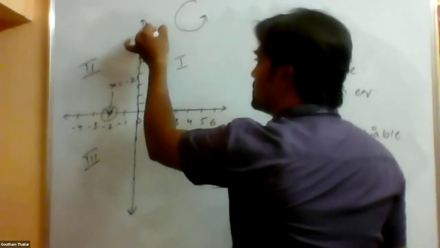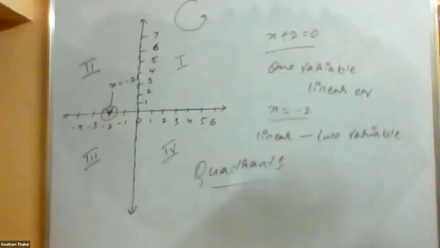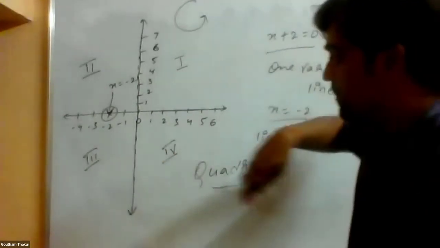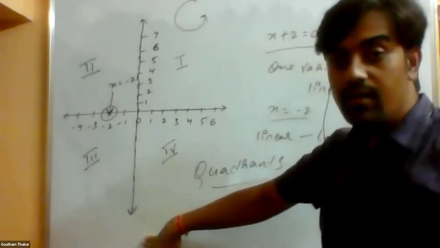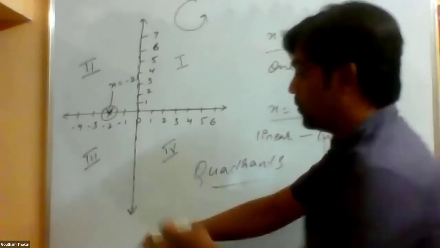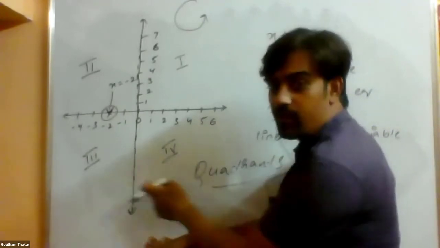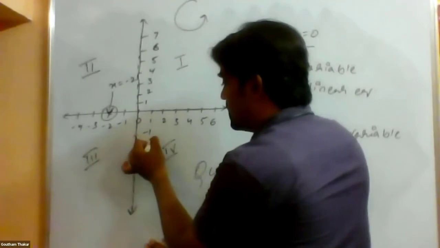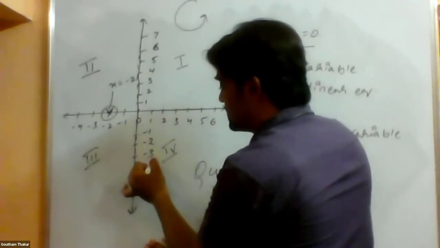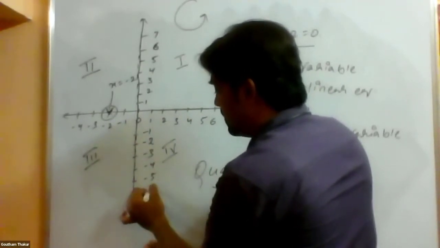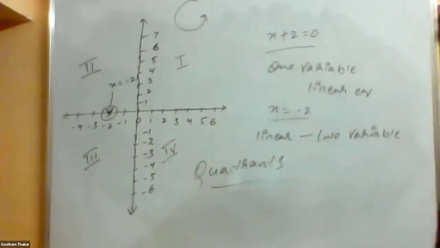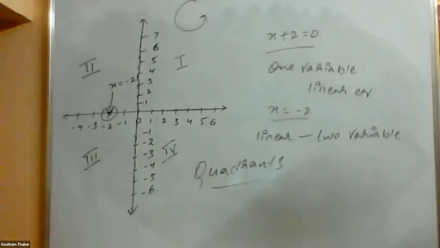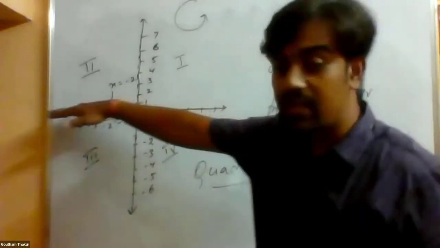And similarly, where are the negative values of y? In the fourth and the third quadrant. That is -1, -2, like this.